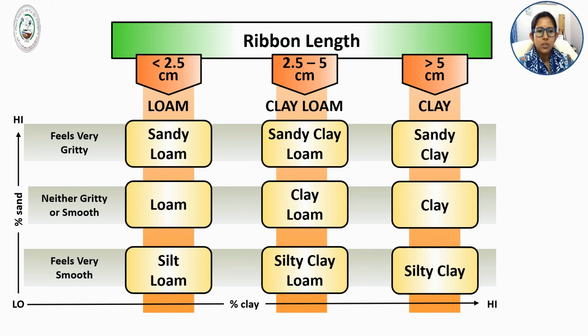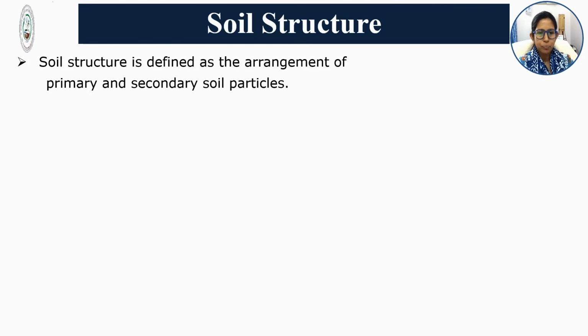So this is how the soil texture is determined in the field, whereas in the laboratory it is determined with the help of hydrometer or international pipette method. The next important physical property is the soil structure.